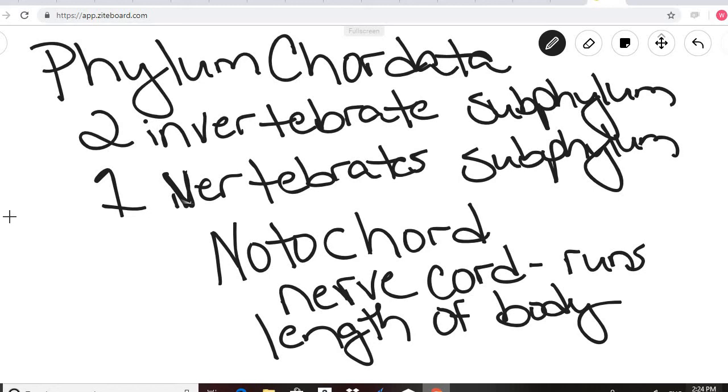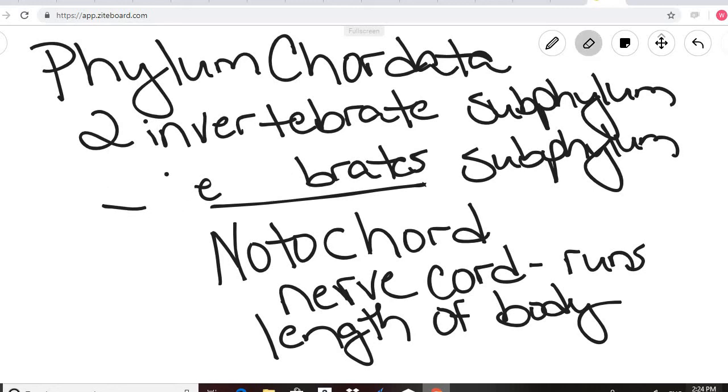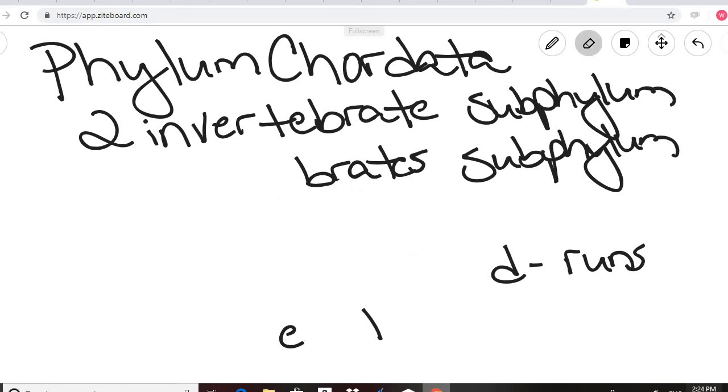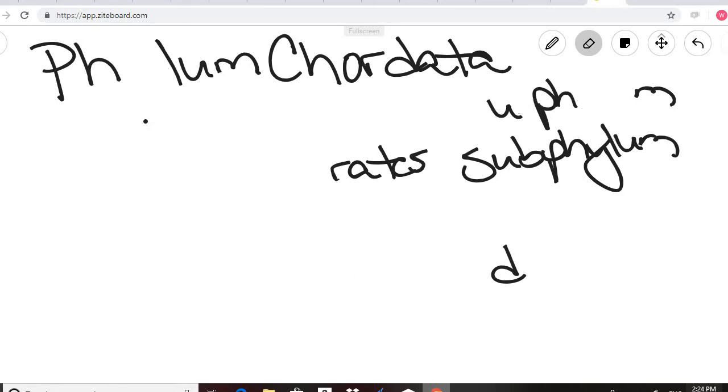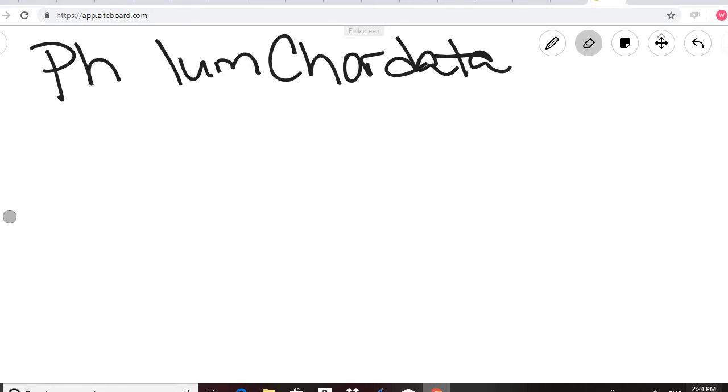If this notochord turns into vertebrae, then it would be part of the vertebrates. If it doesn't turn into vertebrae, then it becomes part of the invertebrate system. So they have this long nerve cord, and all the organisms that make up phylum Chordata end up with a dorsal nerve cord.